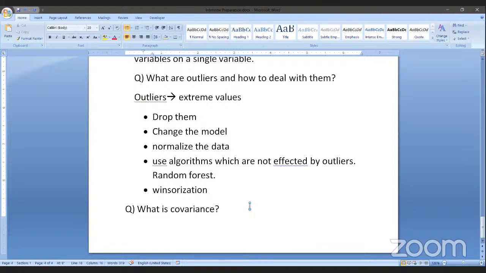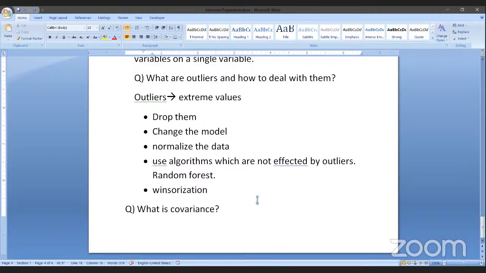So covariance is the extent to which variables change together in a cycle. Yeah. So this explains the systematic relation between a pair of variables where changes in one affects the change in the other.